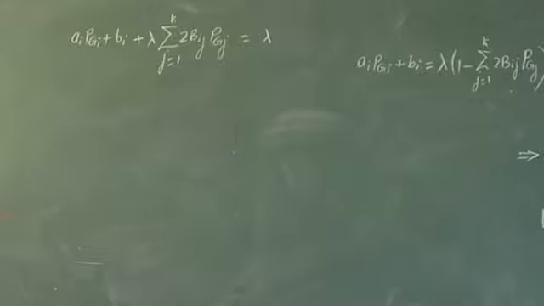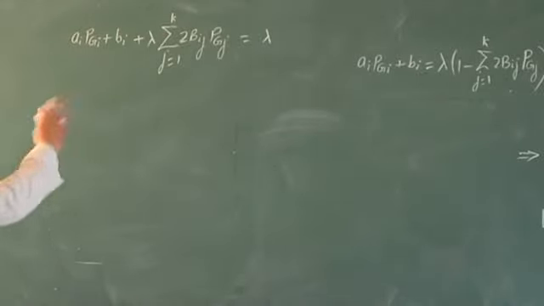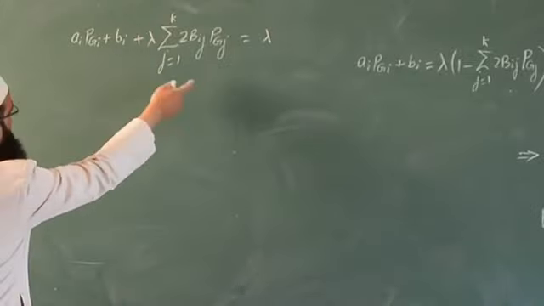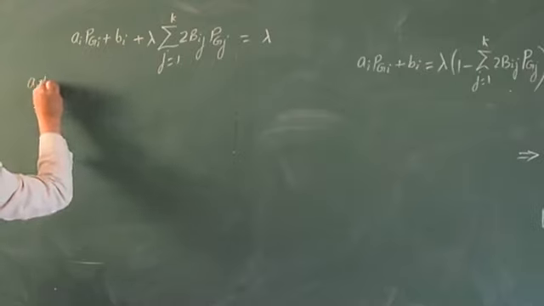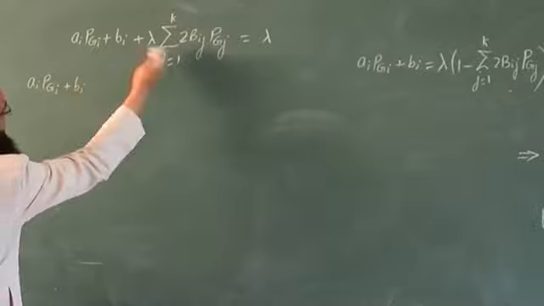We want to express PGi in terms of the other variables and parameters. So separate the ith term PGi. We may write Ai PGi plus Bi, take the ith term.